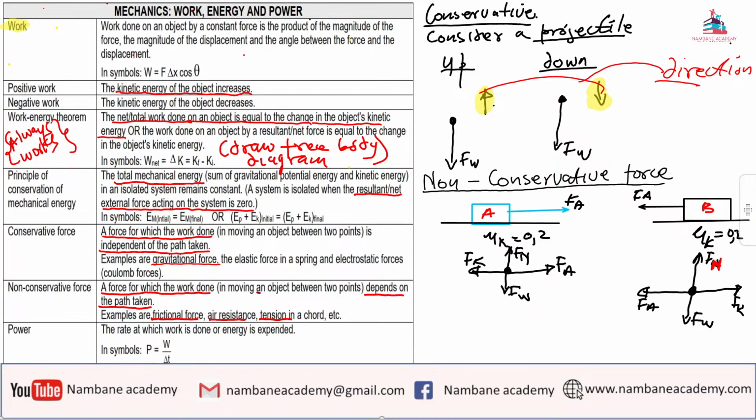So the path taken influences the direction of the frictional force, and influences the direction of the tension. So that being said, it makes it easy to know that if the examiner wants me to define a non-conservative force, or identify a non-conservative force, it should be a force that depends on the path taken.